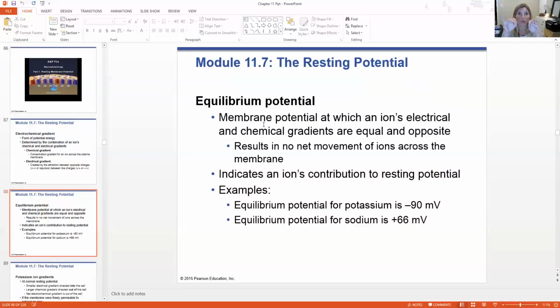So this would be where there's no net movement, when the ion is no longer entering or leaving the cell. Equilibrium for potassium is around negative 90 millivolts. Equilibrium for sodium is around positive 66 millivolts. Keep those numbers in your mind. It's going to play a role.